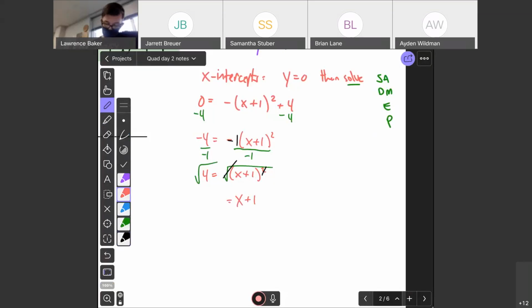But remember what it means to square something. Some number, right? And this right here is just saying some number. Some number squared is 4. What number squared is 4? What else? Not just 2. It's also -2.